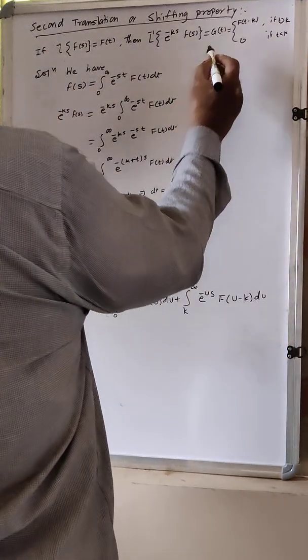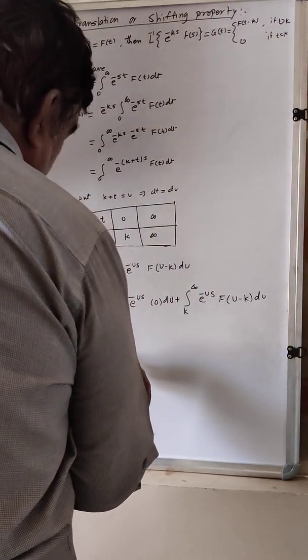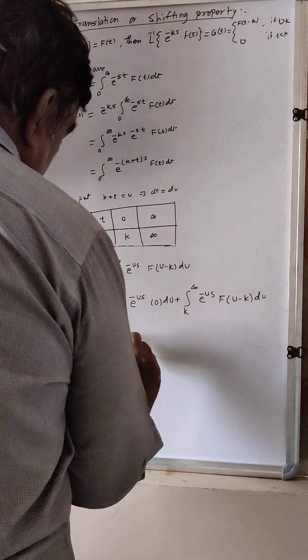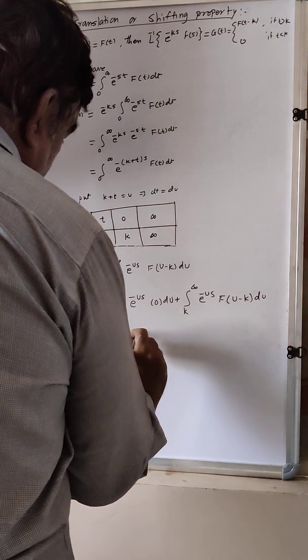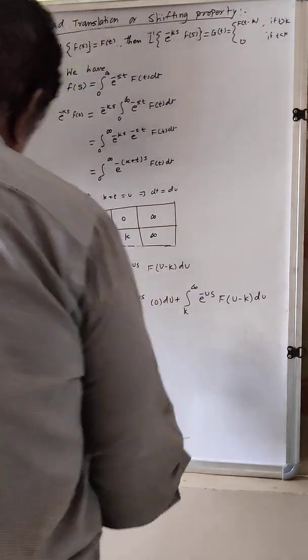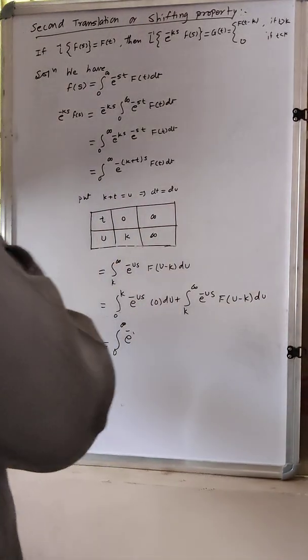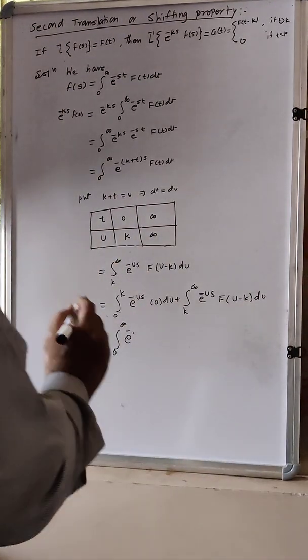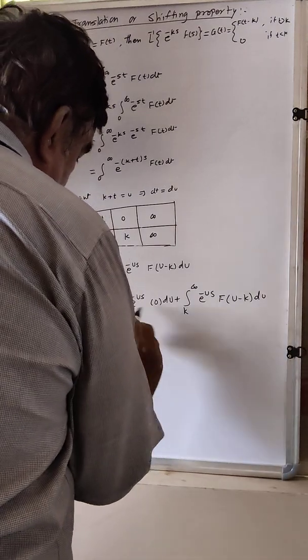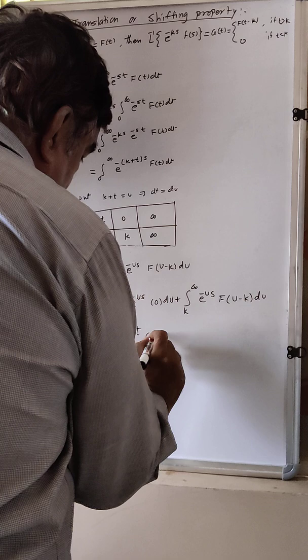Therefore, what is this? That is the integral from 0 to infinity of e raised to minus st g(t) dt.